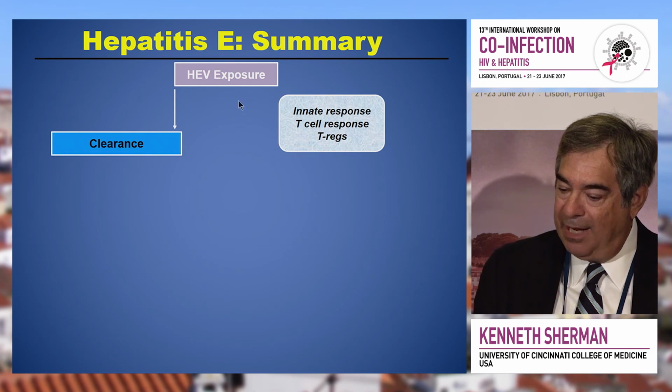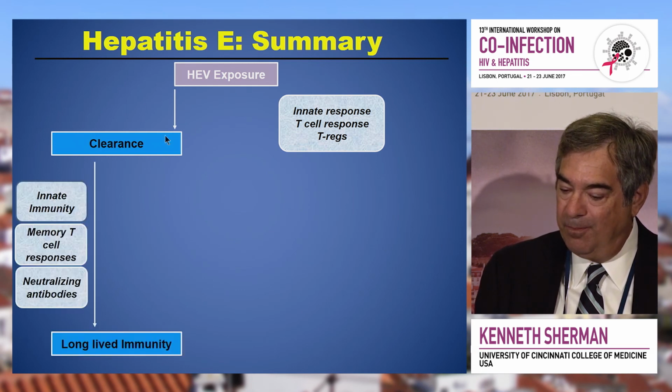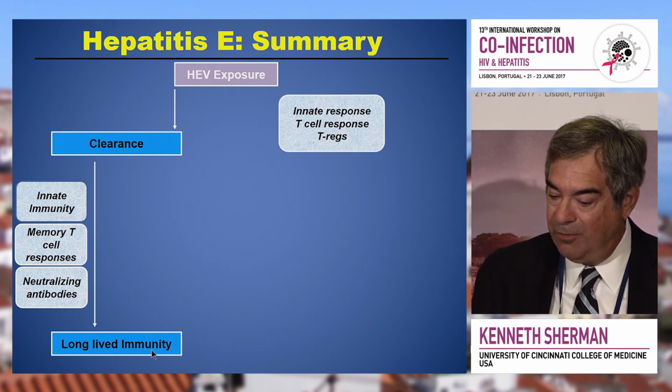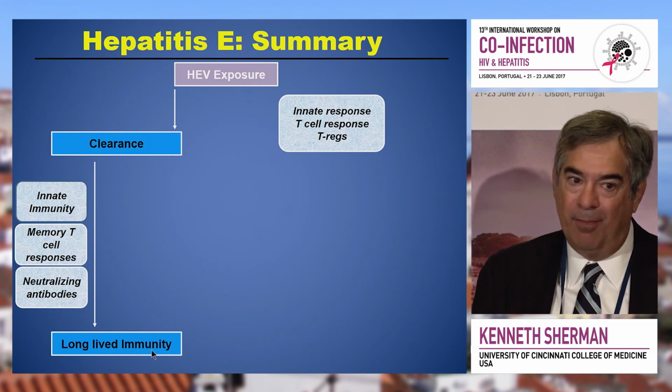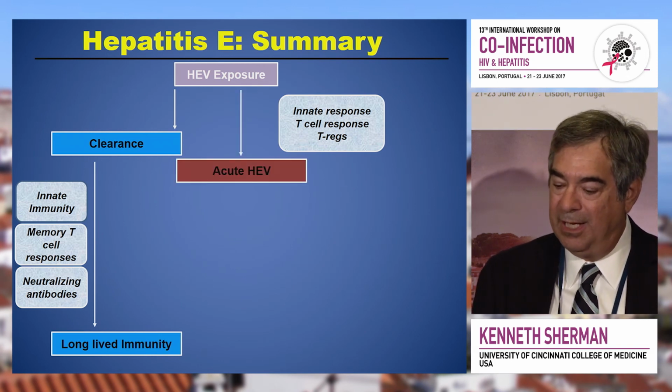So Hep E after exposure can lead to clearance, which is a result of an innate response and a T-cell response. Clearance requires innate immunity, memory T-cell responses, and the development of neutralizing antibodies, which appears to lead to long-lived immunity and may be the modulating factor in patients that are exposed early in life.